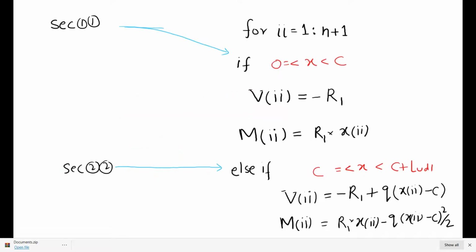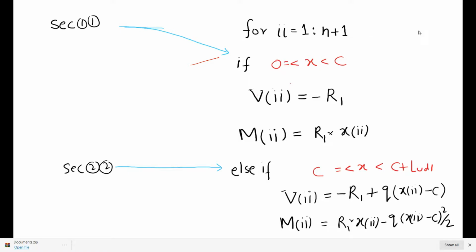Now we will see how we write this in MATLAB. We will give for I equals 1 to n plus 1, then if first section x0 to c, then we will write v of I, that is the shear force at I, whether I equals 1 or any position, because n plus 1 coordinates are there for the beam.